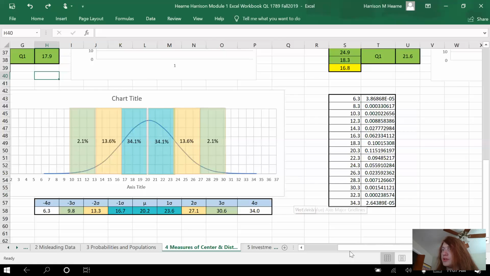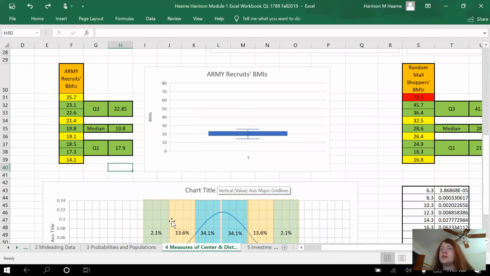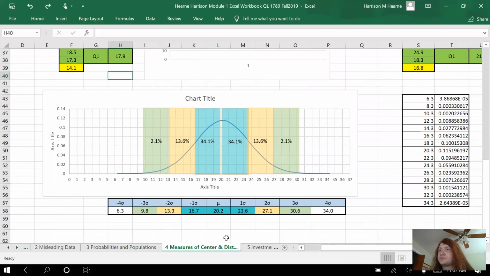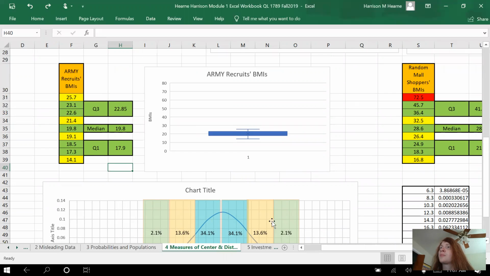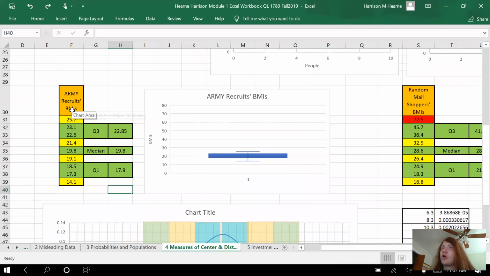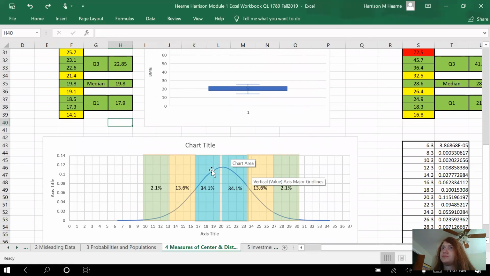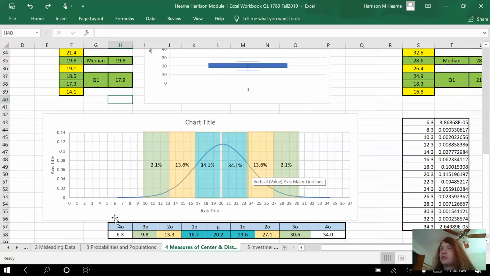But if we go down here to our pretty little bell curve, man, this really is an old copy of this document because all my axis titles aren't here either. Oh well. So this chart is representing the Army recruits BMIs. And this axis here is each one of the individual BMIs.